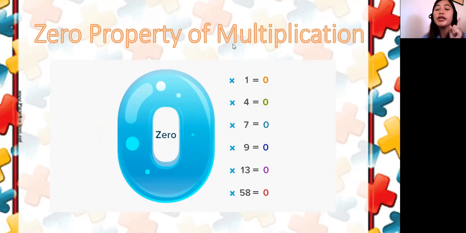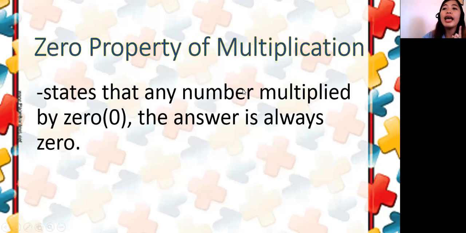Okay, zero property of multiplication, or ZPM, states that any number multiplied by 0, the answer will always be 0. Okay, once again, ZPM states that any number multiplied by 0, the answer is always 0.